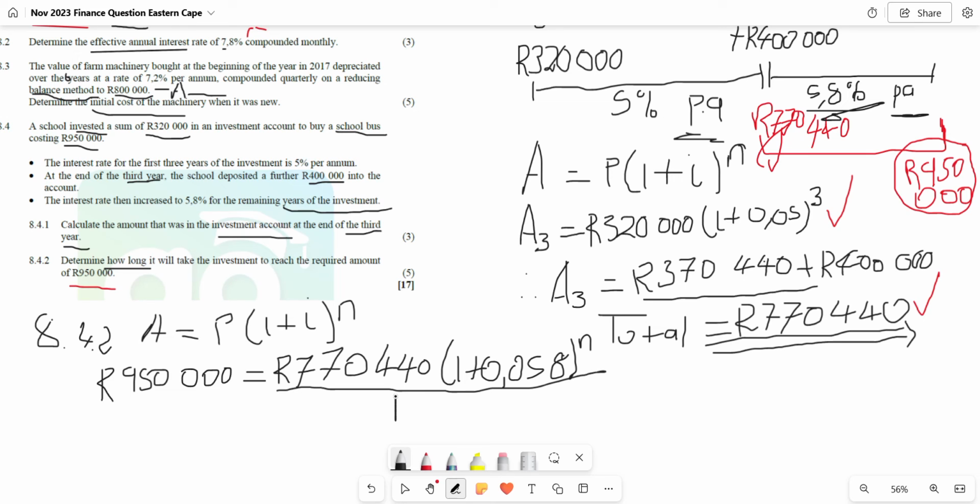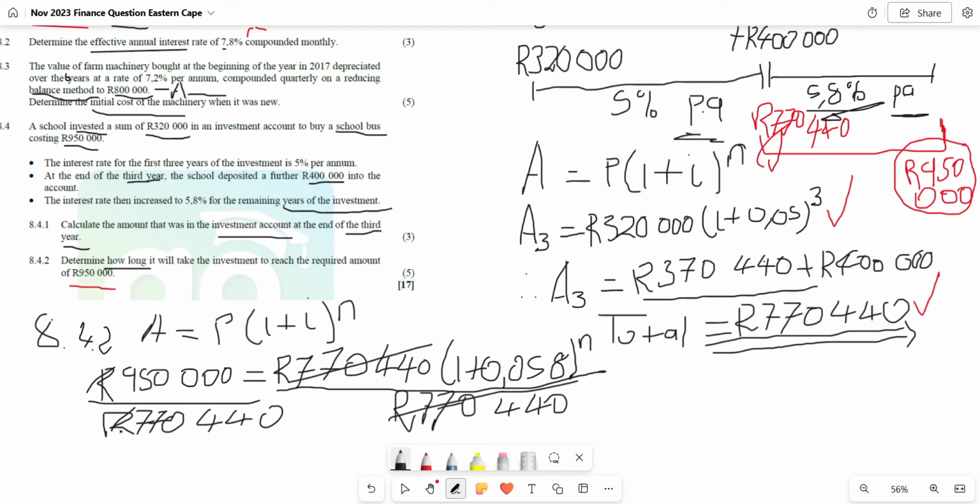So I'm going to divide here by 770,440. Then this one is going to cancel with this one. Also on the left hand side, divide by the same amount, 770,440. Then rand cancels with rand.